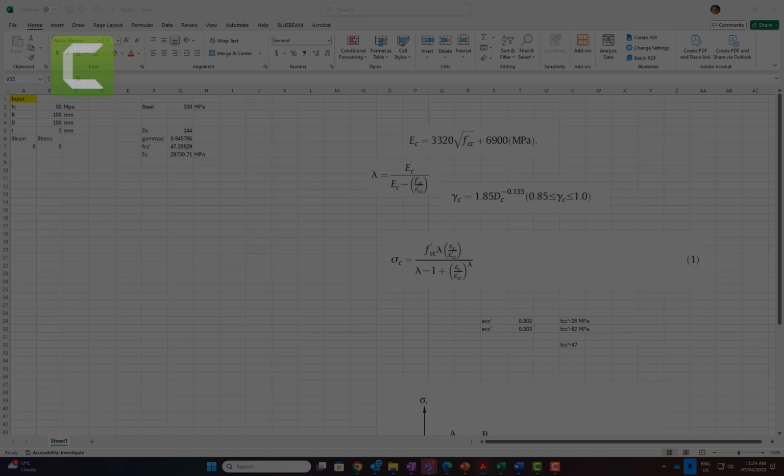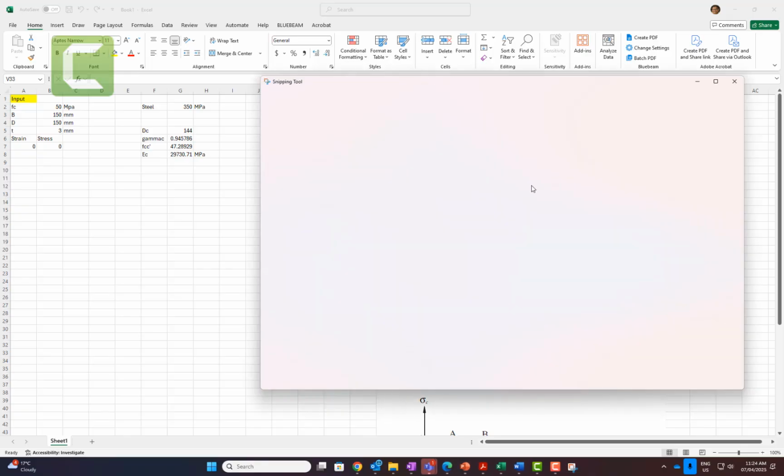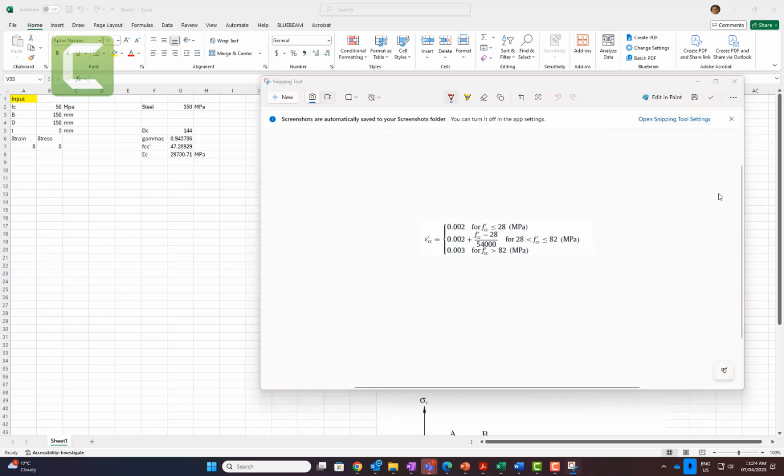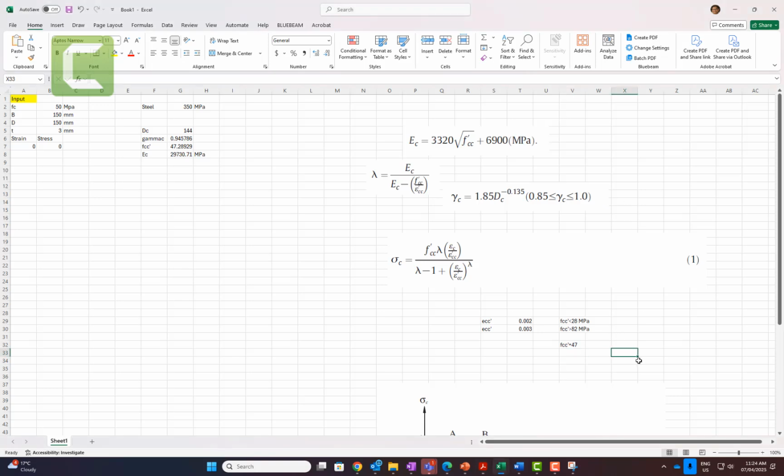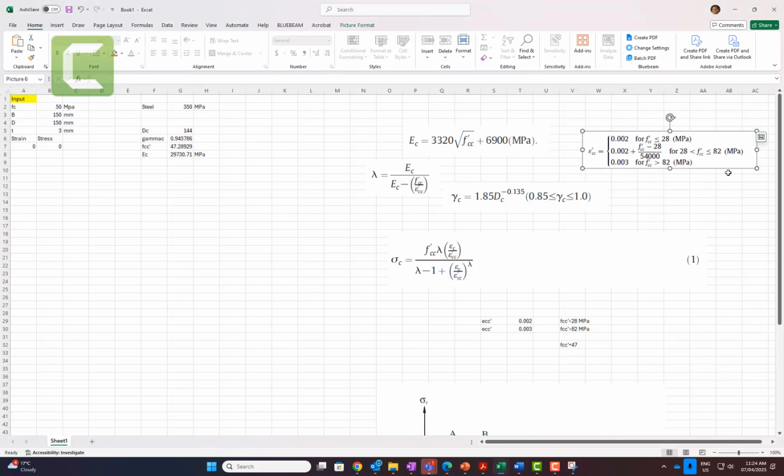Let's say this is the interpolation equation. Copy, and that's going to give us, because we are in this range, epsilon_cc' equal to 0.002 plus fcc' bracket fcc' minus 28 divided by 54.